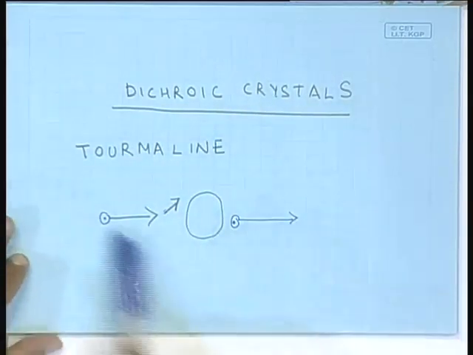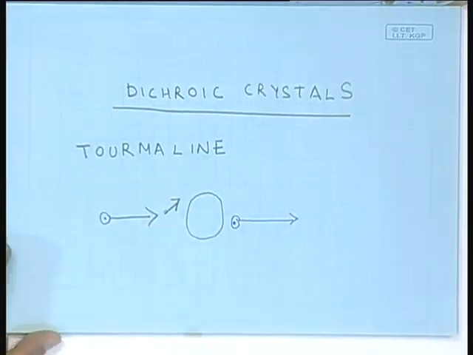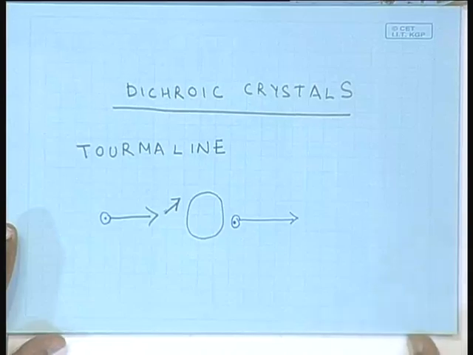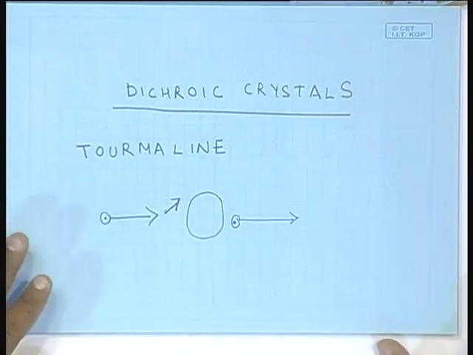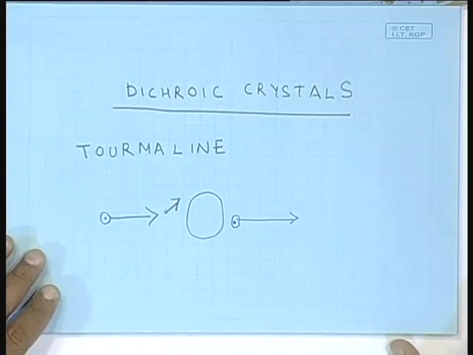Now, how this functions I shall explain later in today's lecture, not right now, but such dichroic crystals have a limitation. This dichroism, this preferential absorption of one polarization, is very wavelength dependent. So, it preferentially absorbs one polarization only in a certain range of wavelengths, not over a large band.